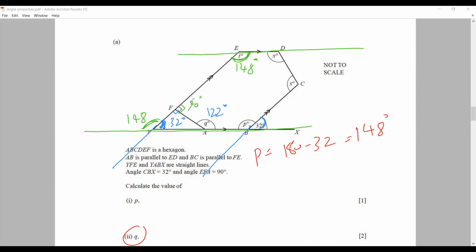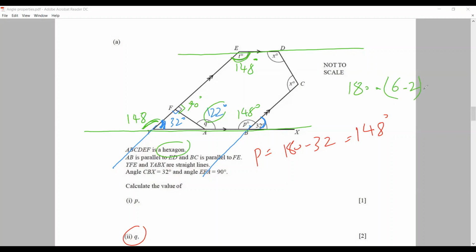So that should be an easy thing to find. If this is 90, this is known, P is 148, and we have two X's here. This is a hexagon, that's a hint right there. The sum is 180 times 6 minus 2, that is n minus 2, since it's a 6-sided polygon.